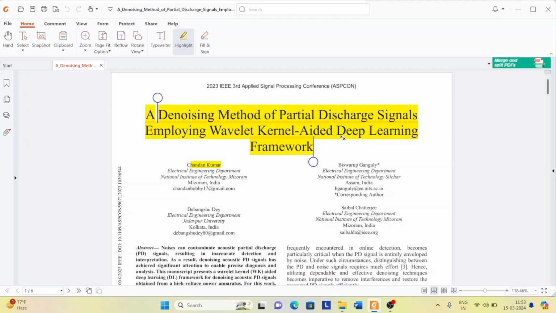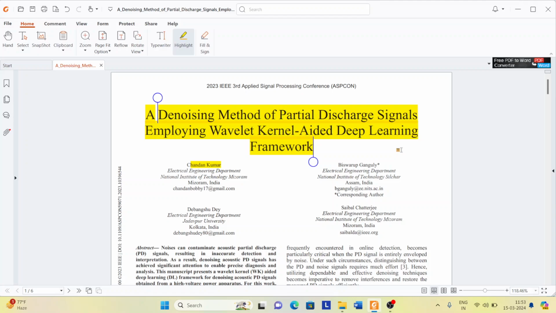Next one, deep learning. Deep learning is a subset of machine learning that involves the use of neural networks with multiple layers. Deep learning models are capable of learning the hierarchical representation of the data, making them well suited for tasks involving complex patterns or large amounts of data.